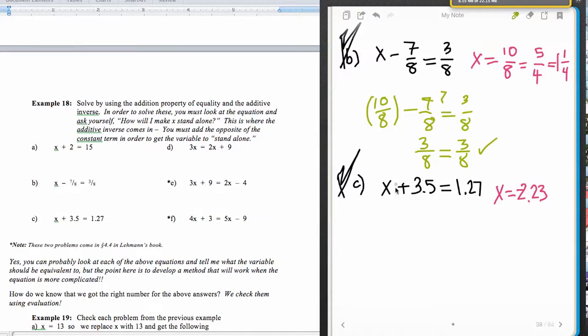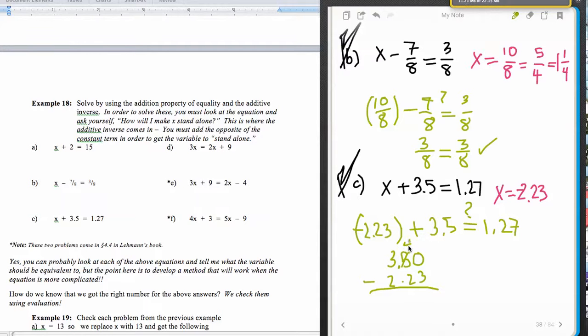Our next one, we have again, what's our value? Negative 2.23 plus 3.5, and we're asking on this one, are we going to get the 1.27? Now remember, these kinds of expressions are really silly when we work them at this level, but it's really important for us to actually learn the process for doing a check, even when the answer is pretty straightforward and we see that that's truly the answer.